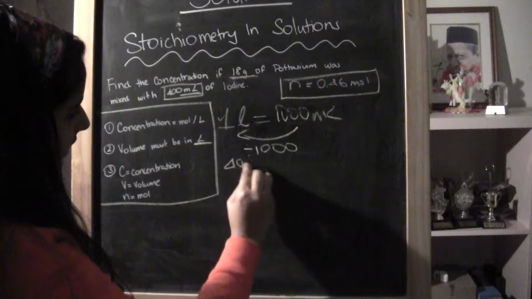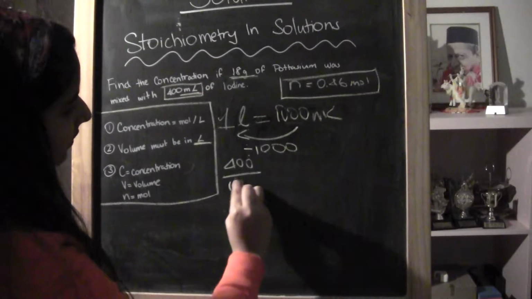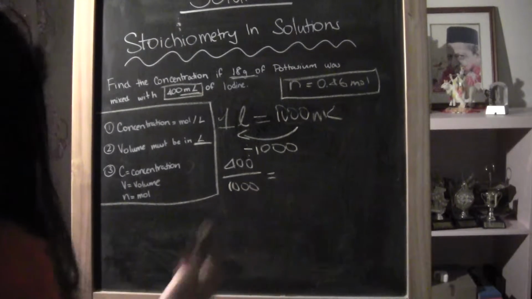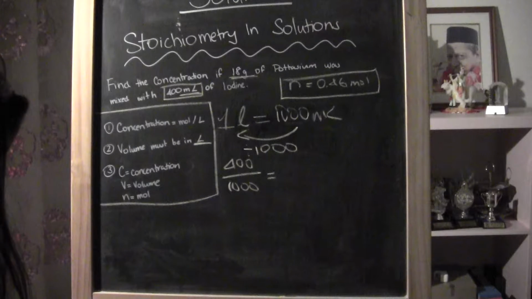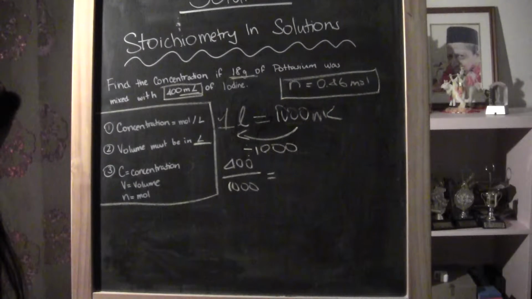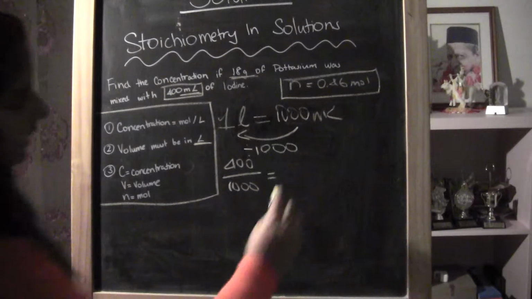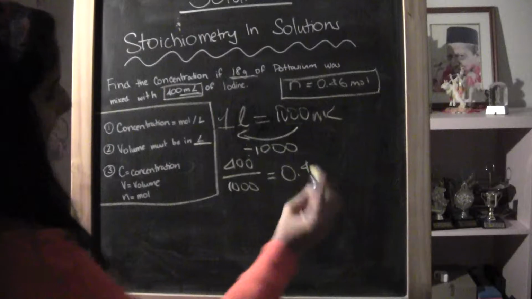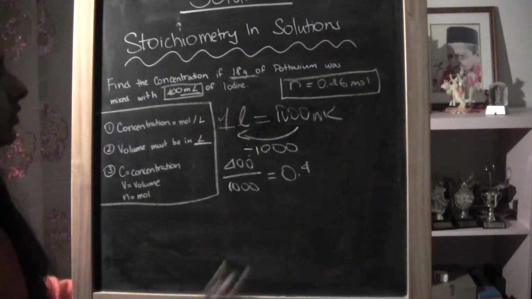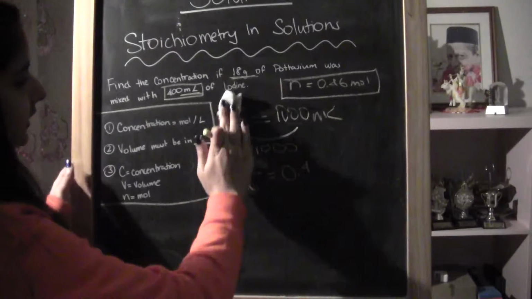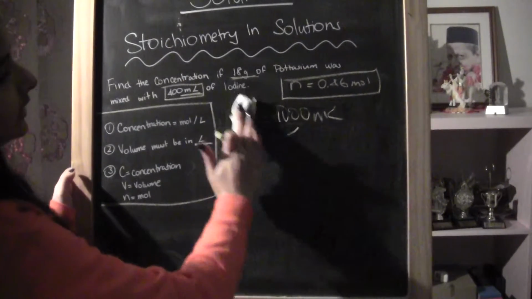We take 400 divided by 1,000. And if I'm not mistaken, we should get 0.4, but let's just make sure. Yes, 0.4. Okay? Again, for lack of space, we'll just write that over there. 0.4 liters, okay?